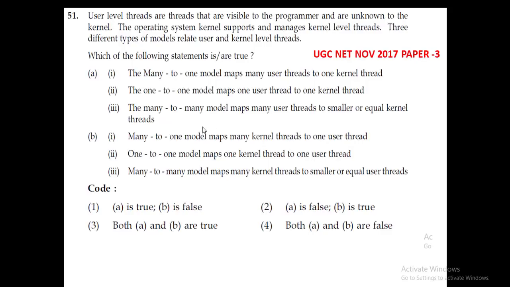The information is about how many threads are there, what the scheduling of the threads is, what type of algorithm is used, and what the management of the threads is. All these things cannot be known by the kernel. And kernel thread information is known by the kernel itself, because it is created by the kernel, so it knows the entire information about the kernel level threads.